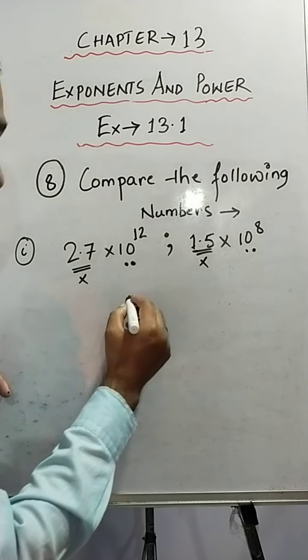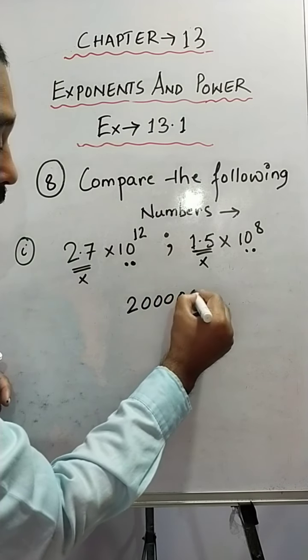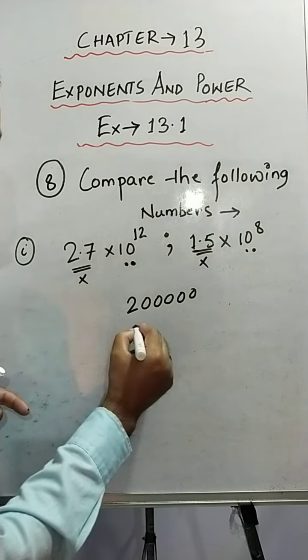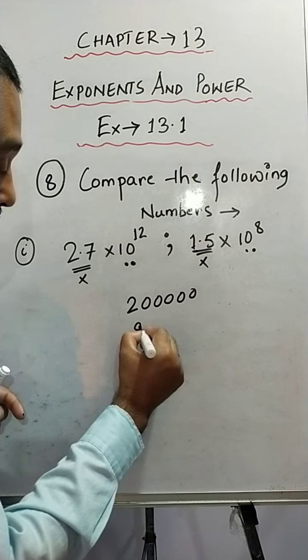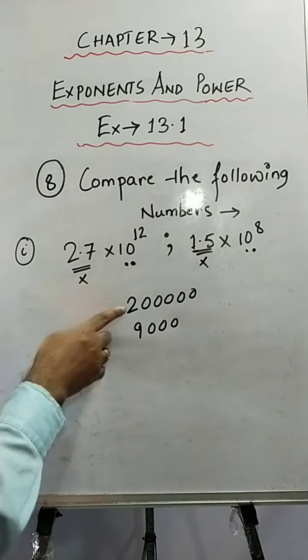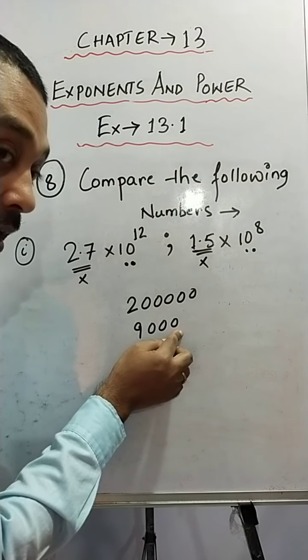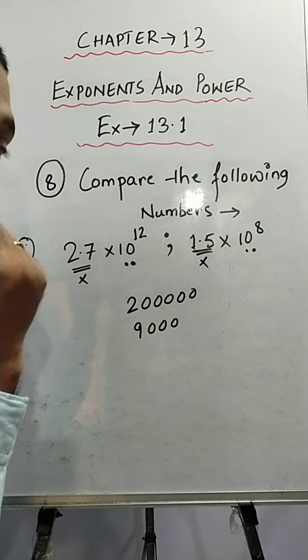Fine. So suppose if I say 2 is carrying 5 zeros and 9 is carrying only 3 zeros. So 2 is carrying how many zeros? 5, and 9 is carrying how many zeros? 3. So which one is greater?